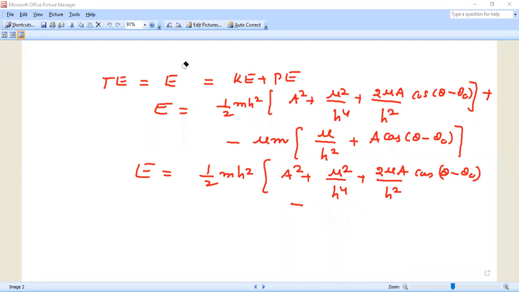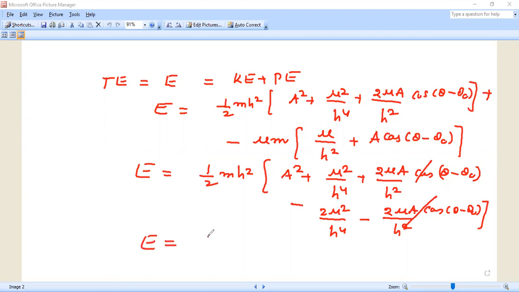Okay. So by taking mh square common in the second big term, here we get the terms minus 2 mu square by h power 4 minus 2 mu a by h square cos of theta minus theta naught. So these two terms cancel.